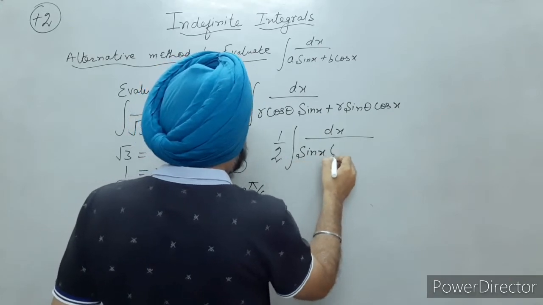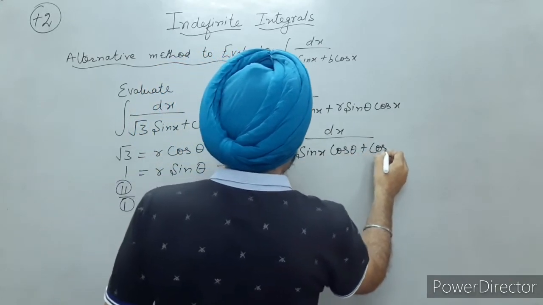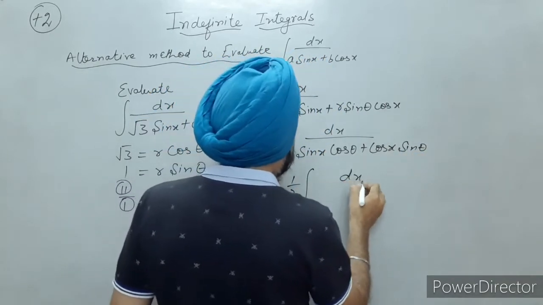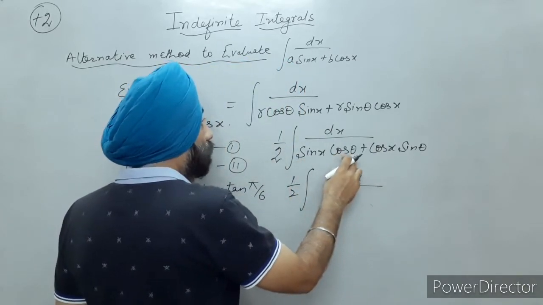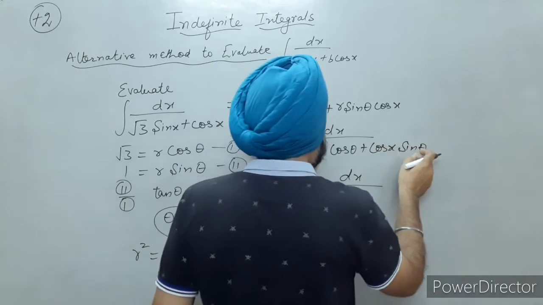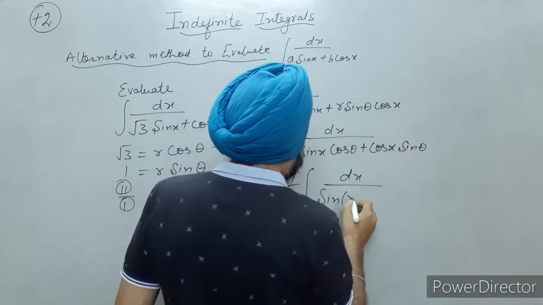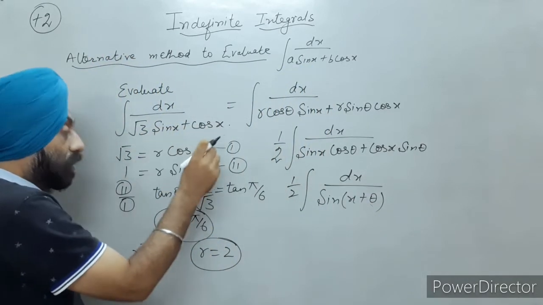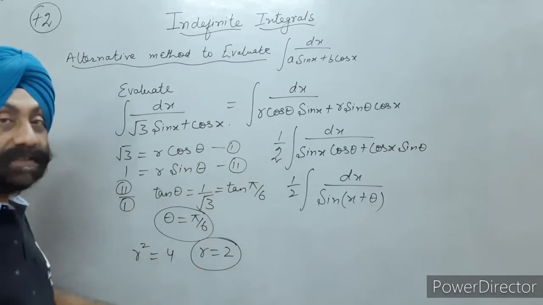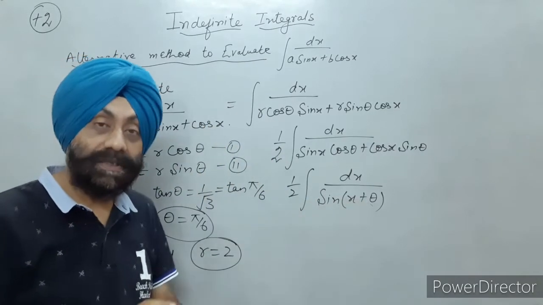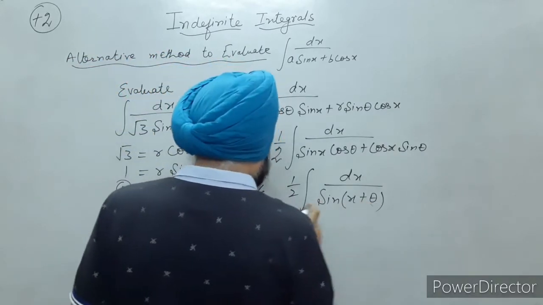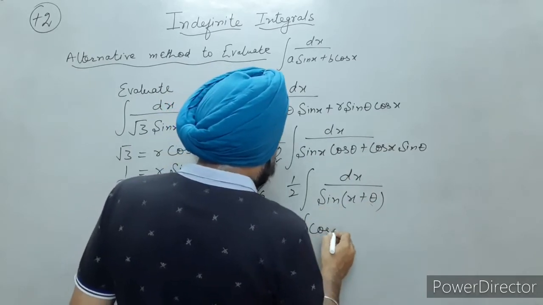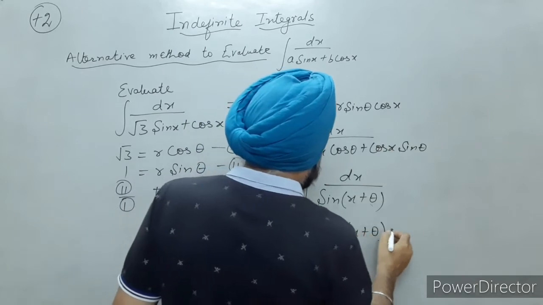So we have sin x cos theta plus cos x sin theta, that is 1 by 2 integral dx upon the formula sin a cos b plus cos a sin b, which is sin of a plus b. This can be converted into cos a plus b, cos a minus b, sin a plus b, or sin a minus b formula. So it becomes half integral of cosecant of x plus theta dx.